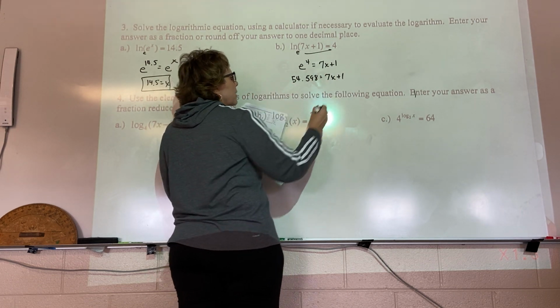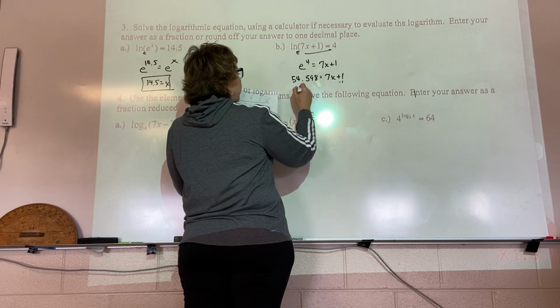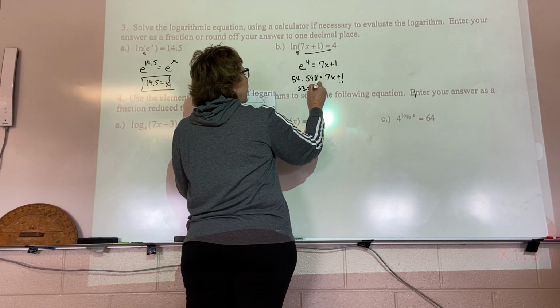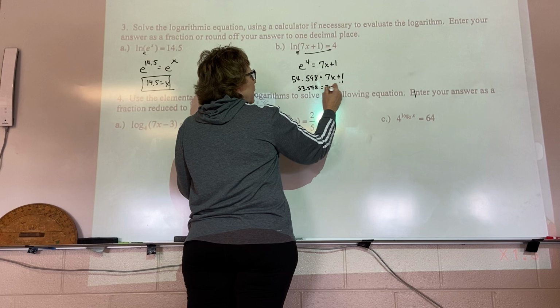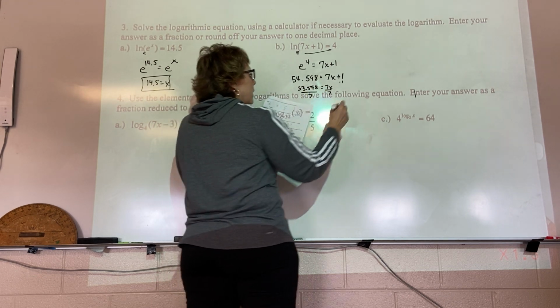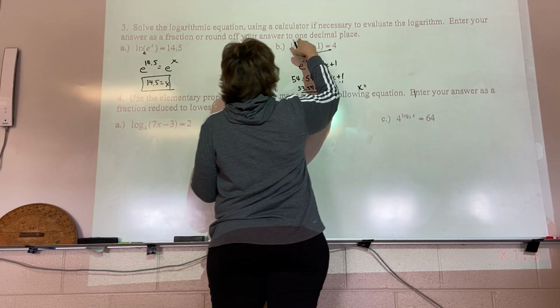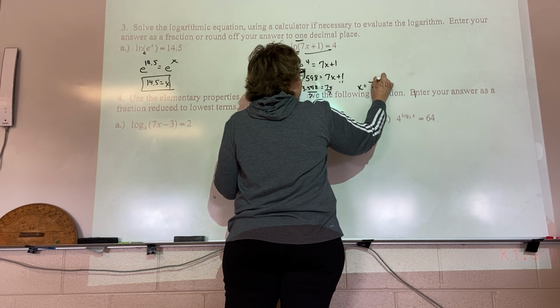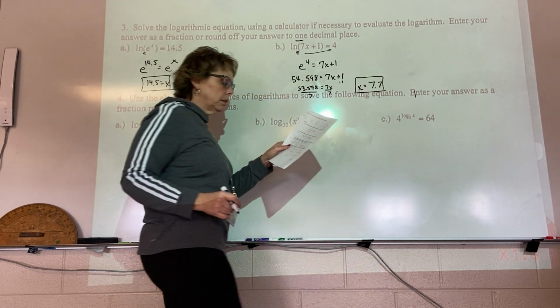So I'm going to solve for x, so subtract 1, get 53.598, divide by 7, x is equal to, and it says 1 decimal place, 7.7 when I quit.